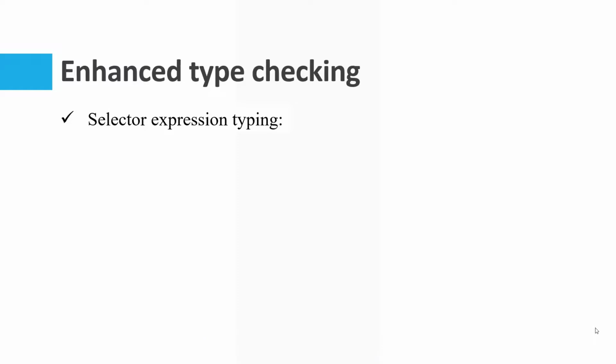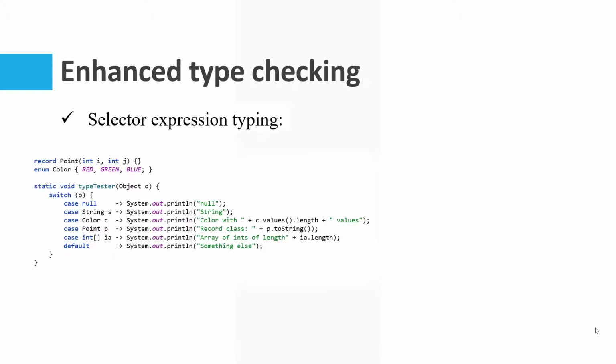We extend this and require that the type of the selector expression be either an integral primitive type or any reference type. For example, in the following pattern switch, the selector expression o is matched with type patterns involving a class type, an enum type, a record type, and an array type.